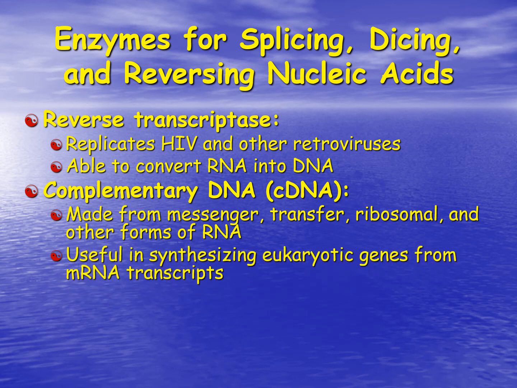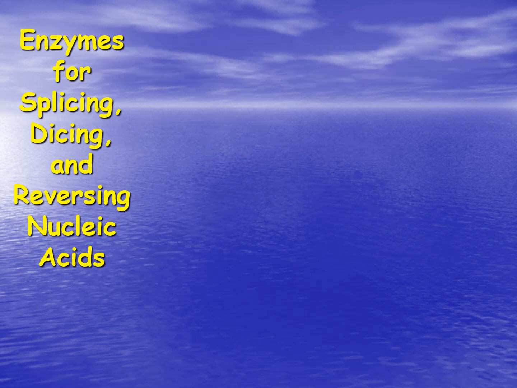This is extremely useful in synthesizing eukaryotic genes from messenger RNA transcripts. Because remember, since we have to modify the messenger RNA in eukaryotic cells before it goes for translation, we have all of those introns, the non-coding portions, that we have to take out first. Therefore, when we utilize the mature messenger RNA of the eukaryotic cell, the gene is then free of the introns.